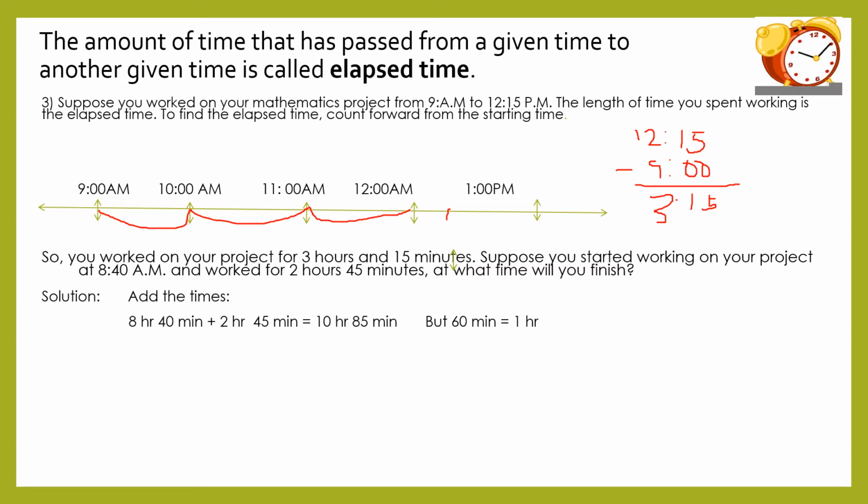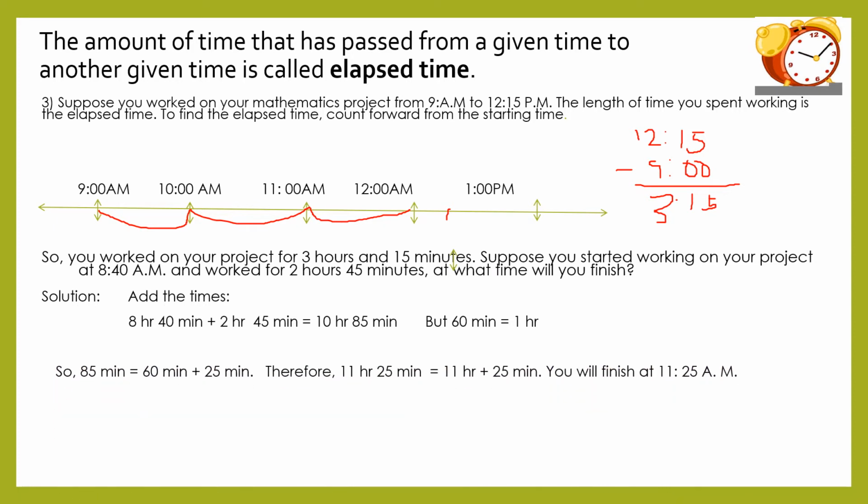Okay, suppose you started working at 8:40 a.m. and worked 2 hours and 45 minutes. At what time will you finish? So our solution, add the time. So 8 hours and 40 minutes plus 2 hours and 45 minutes. That is 10 hours and 85 minutes.